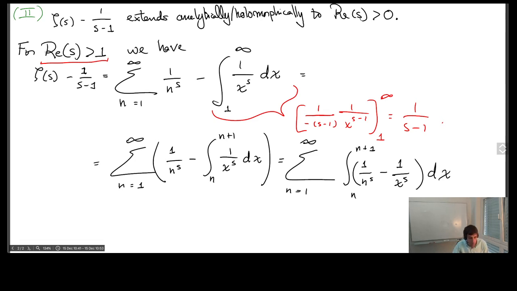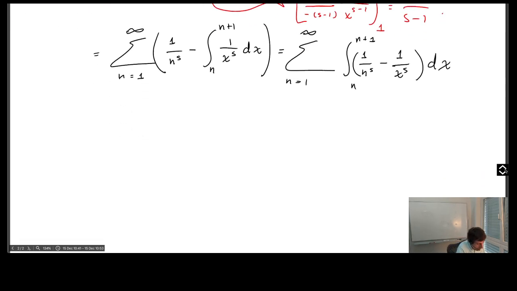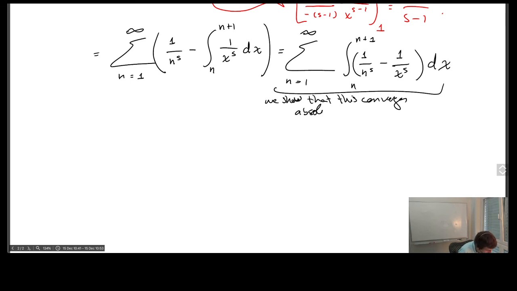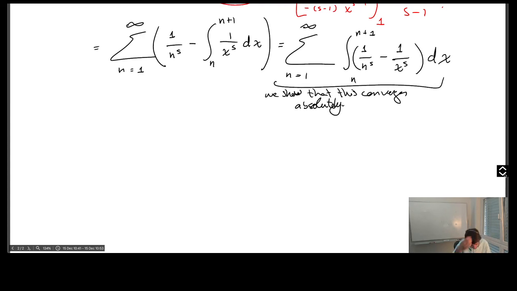And now we show that this converges absolutely for s bigger than 1. But that's easy. Okay, so let's do that. So now we have the integral, just some simple analysis.